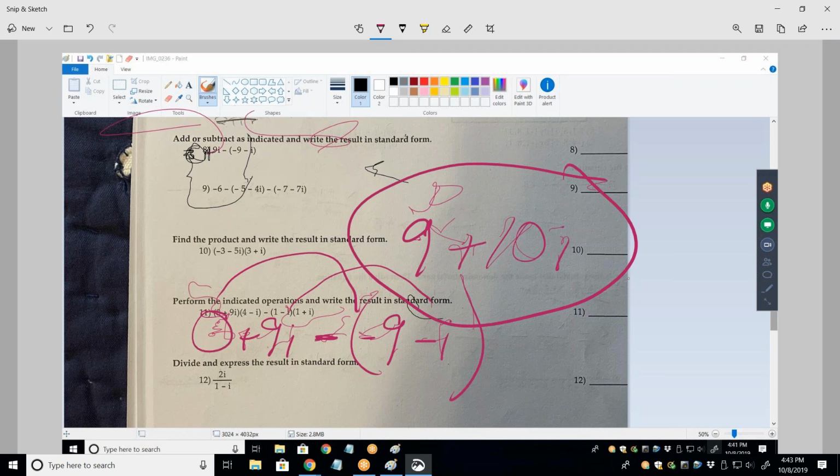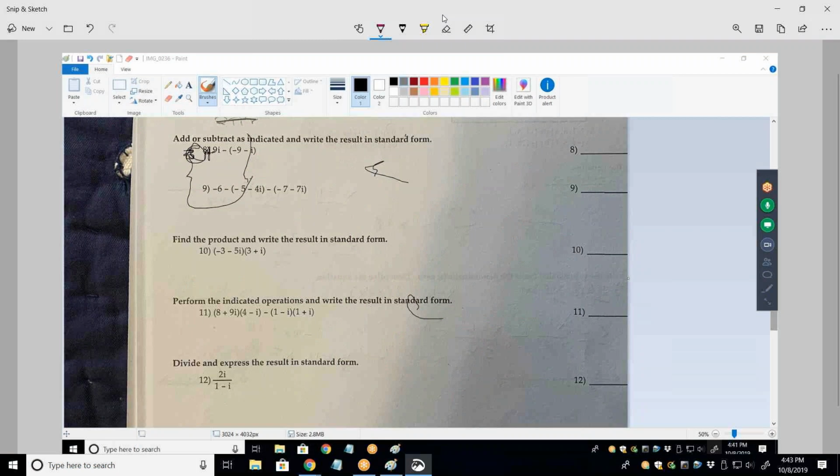Oh, okay, I get it now. You get it? In other words, it doesn't matter what the two complex numbers are. They can be anything. Just combine the reals and then combine the imaginaries. Same thing with adding. Same thing with multiplying. How do I multiply number 10?